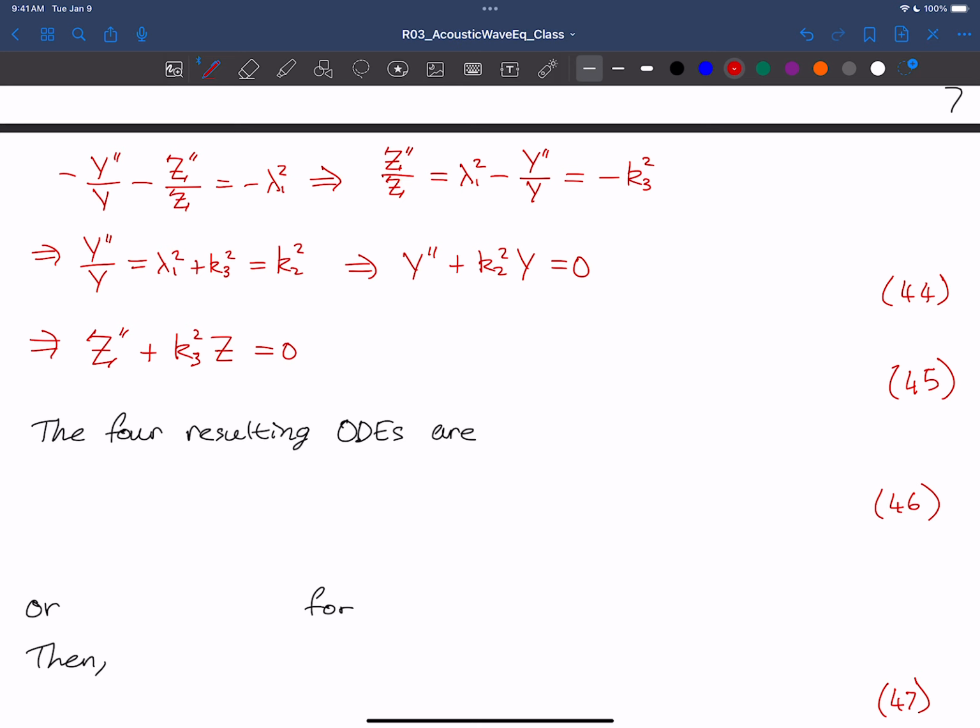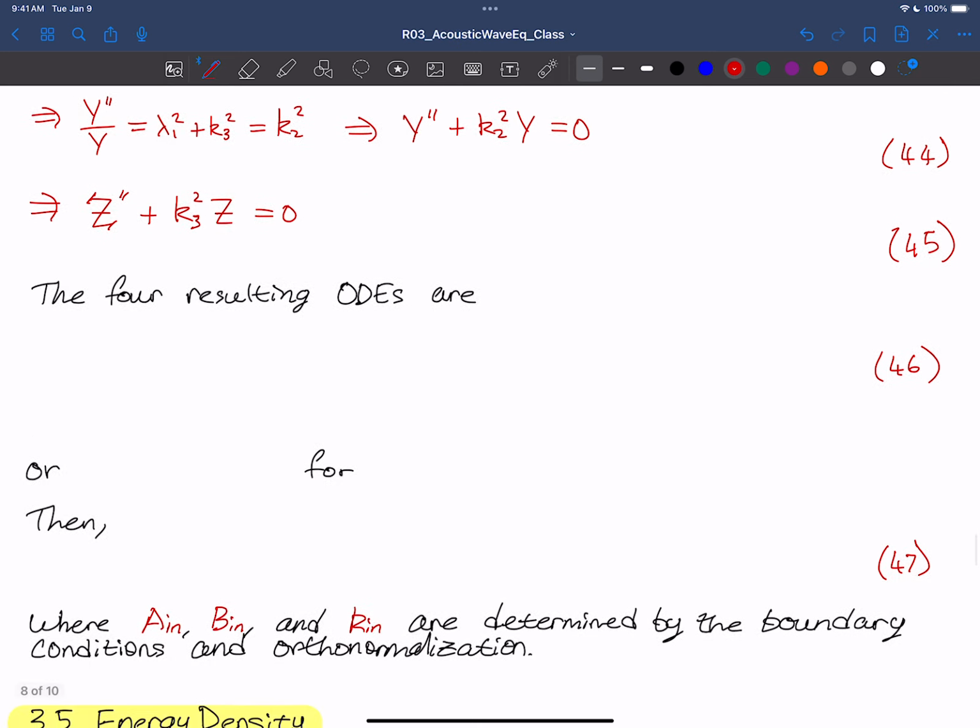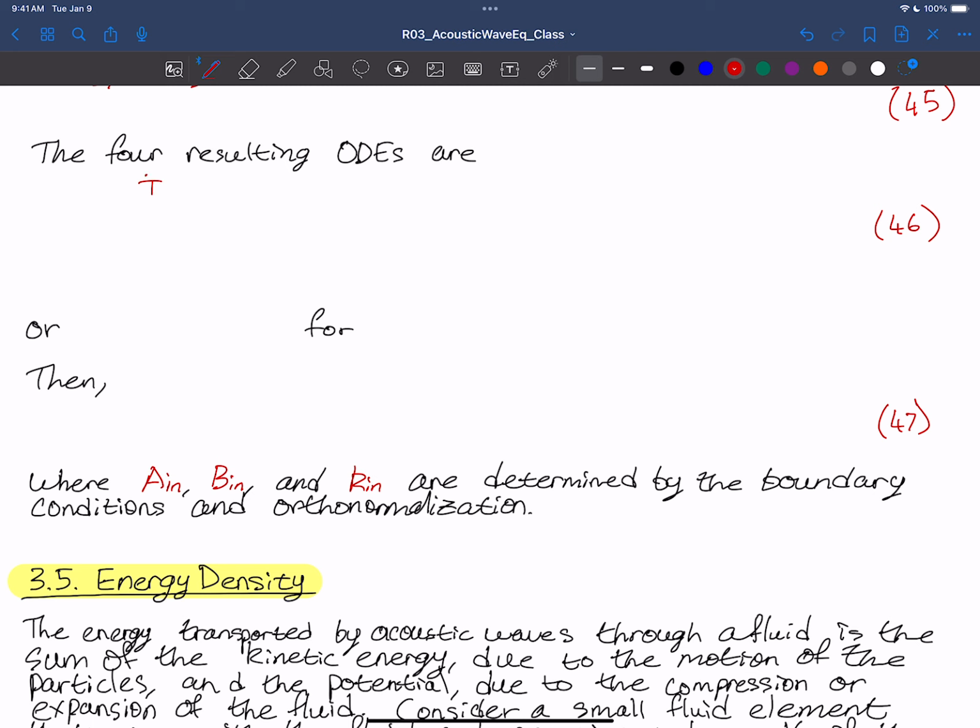And so we ended up now with 4 ordinary differential equations. First, we have T double dot plus c squared omega squared big T is equal to 0. Then X double prime plus k1 squared big X equals 0. Then Y double prime plus k2 squared big Y equal to 0.